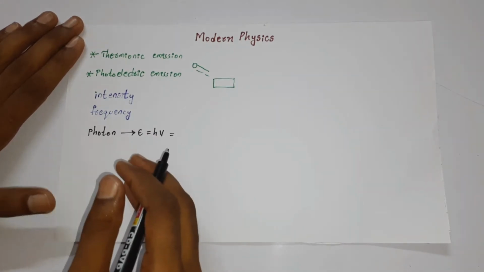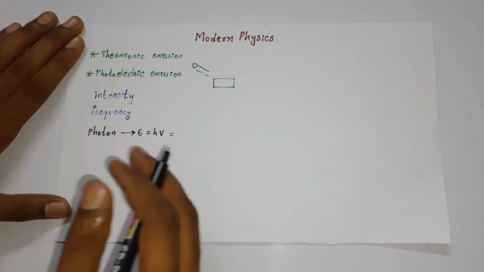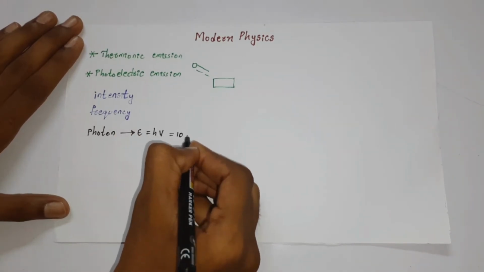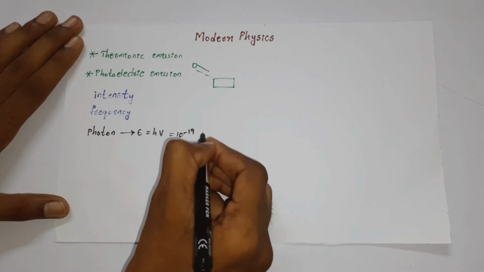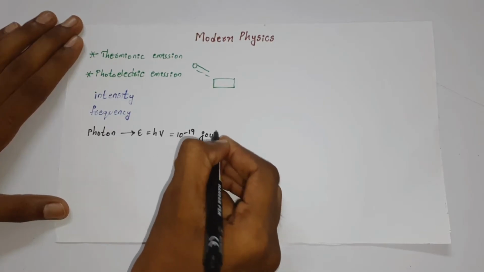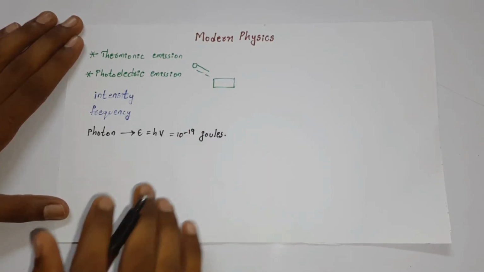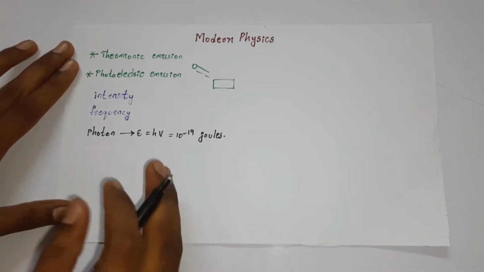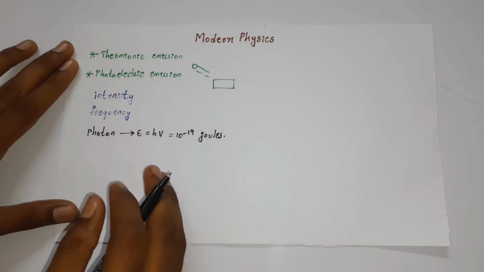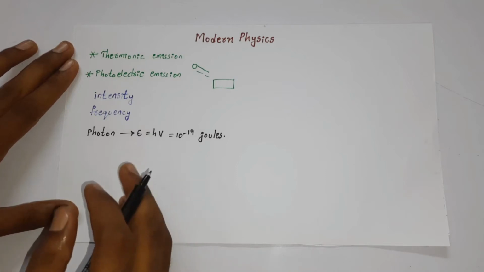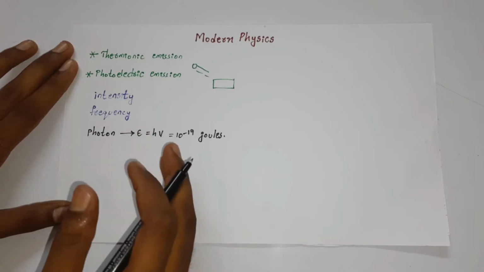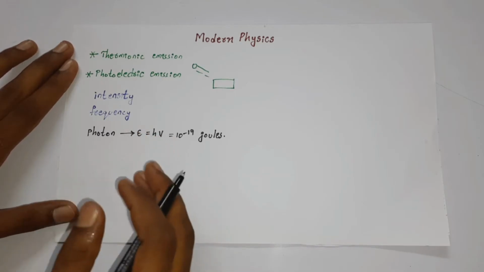This is how the energy of a photon is given, and this value will be nearly about 10 to the power of minus 19 joules. So that is how the energy of each particle of light, called a photon, is determined, and this value states how the photoelectric effect and photoelectric emission take place. So this energy determines the photoelectric emission.